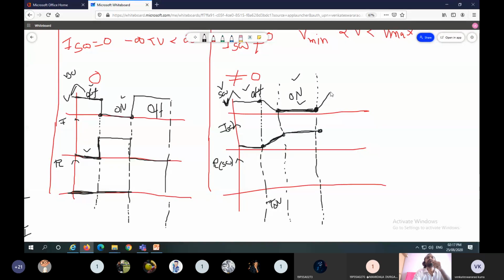So the voltage across the device gradually increases like this, and after a certain turn off time, it becomes constant like this. For an ideal device, the voltage across the device increases instantaneously like this. But for a practical device, it increases gradually like this.